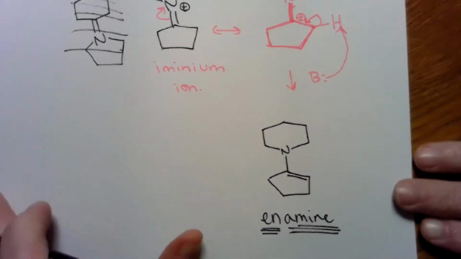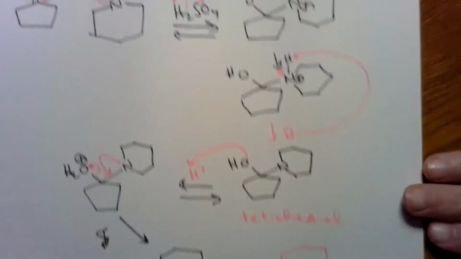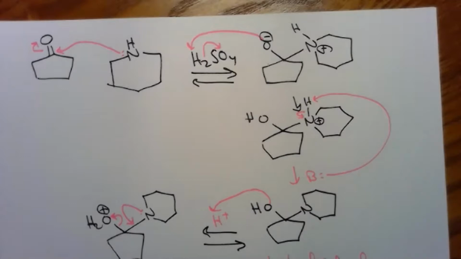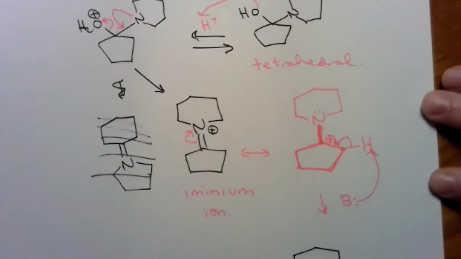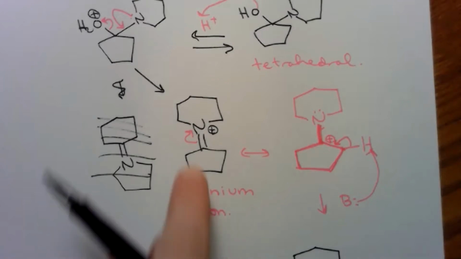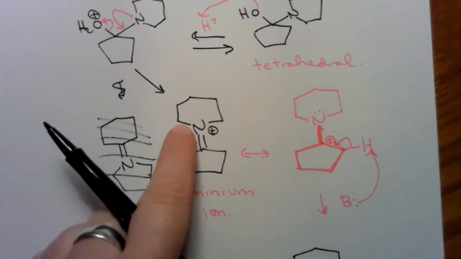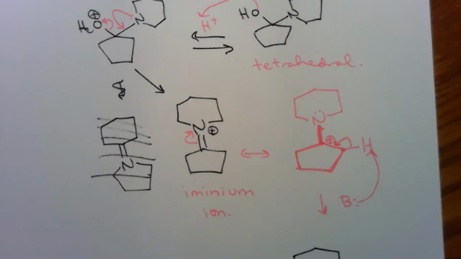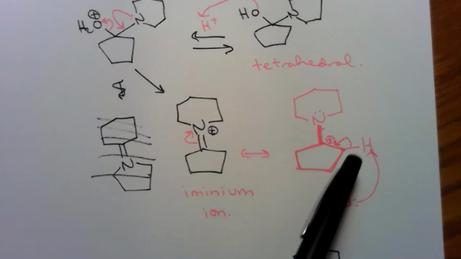The mechanism of enamine formation is almost identical. In fact, it is identical to the imine formation until you get here. This iminium ion, when you were making an imine, you still had a hydrogen on here. You lose the hydrogen, you're done. There's no hydrogen directly on the nitrogen to lose, so you have to lose a hydrogen from a carbon.